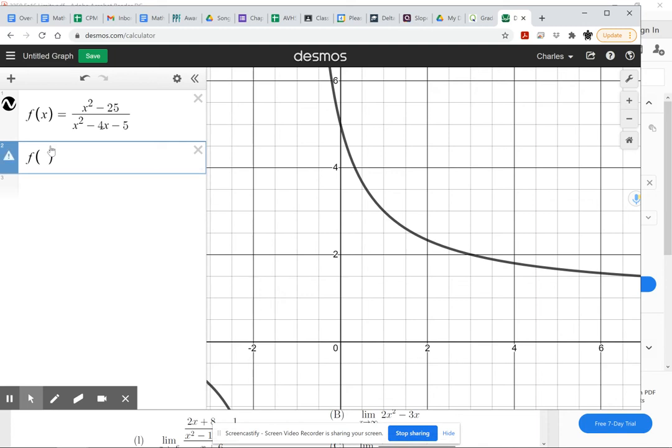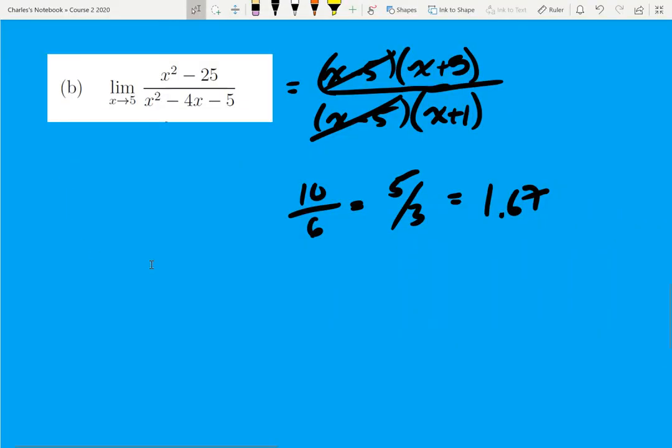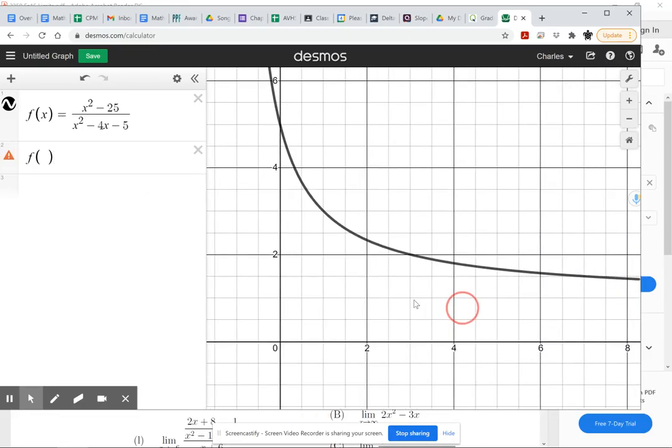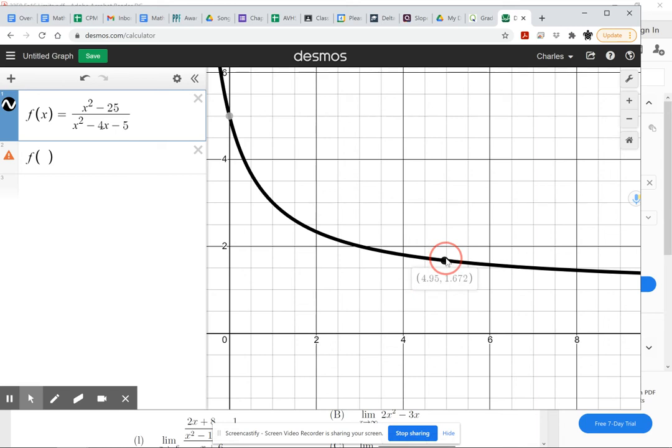If I say f of 5/3... oh, that's what it is. If I say f of 5, okay, and I should be able to get undefined at 5. Okay, so that's the one point that's different.